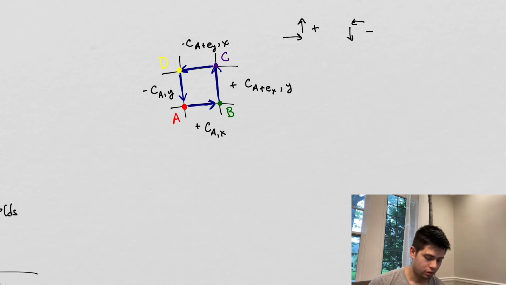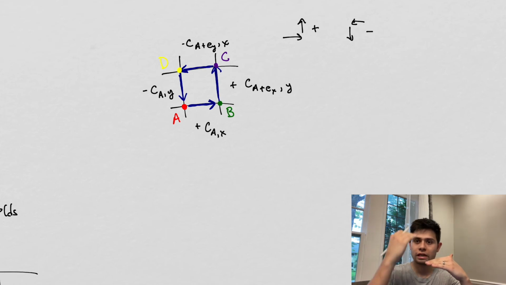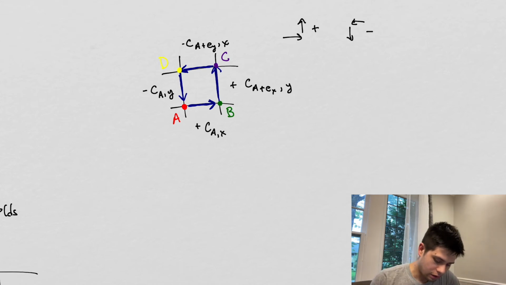The reason I put A here, not D, is because we're traveling downward, in the Y direction. So there's going to be a change in our Y. You could see here, here and here, we're moving in our x directions. Here and here, we're moving in our y directions.